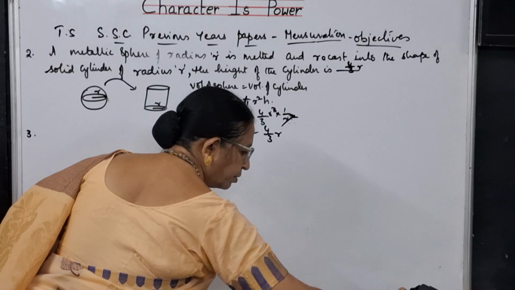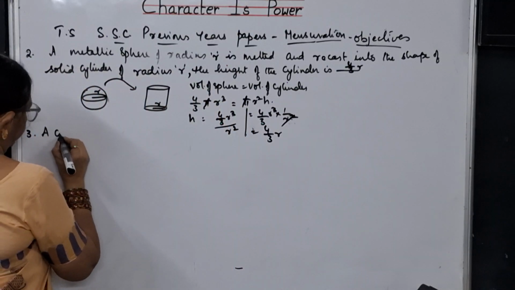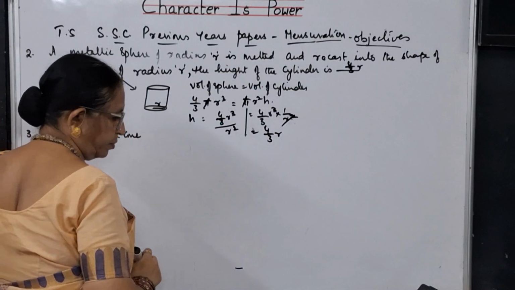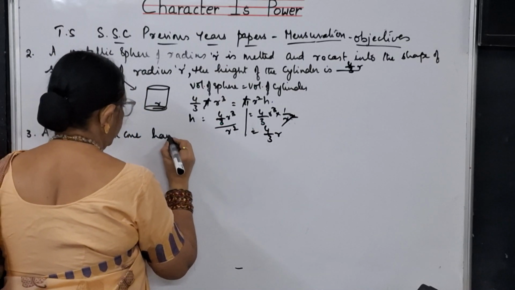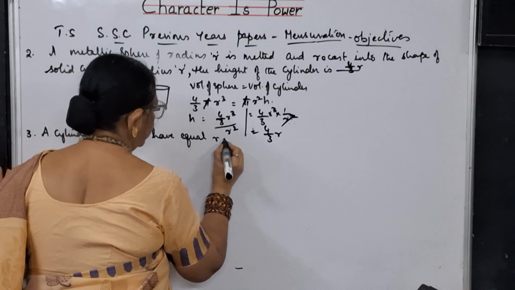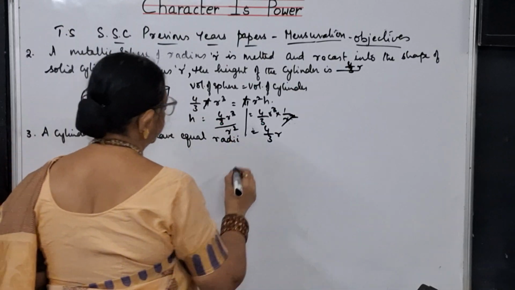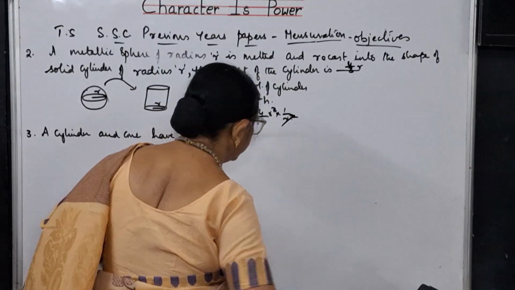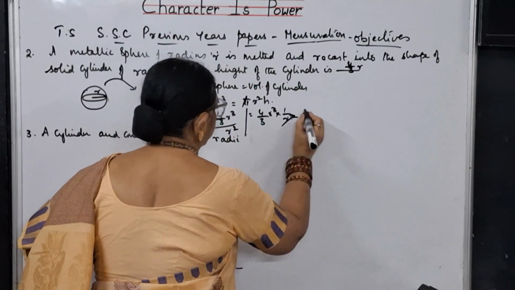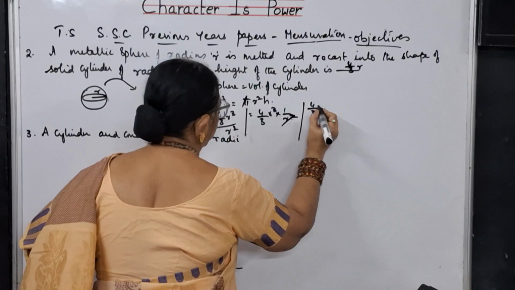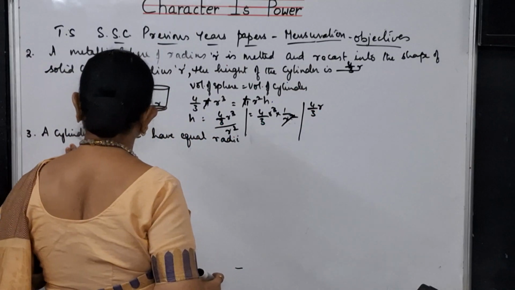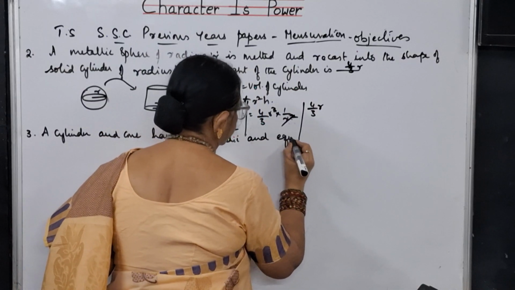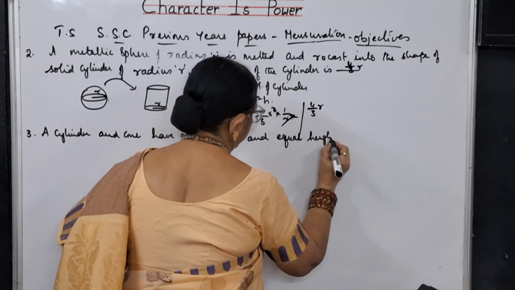Third problem. A cylinder and cone have equal radii and equal heights.